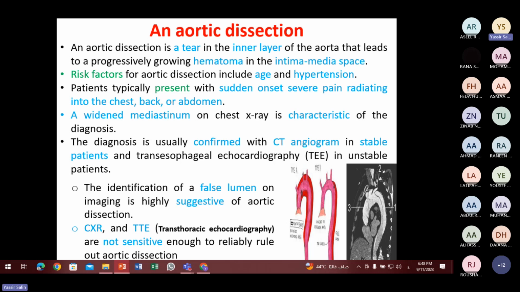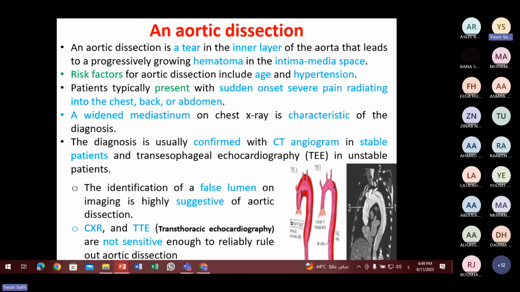Right. To diagnose this dissection depends on the patient's condition. If the patient is unstable, the diagnosis is usually confirmed by transesophageal echocardiography. If the patient is stable, we do CT angiogram.